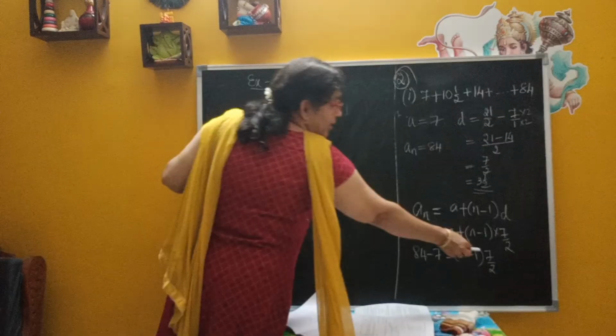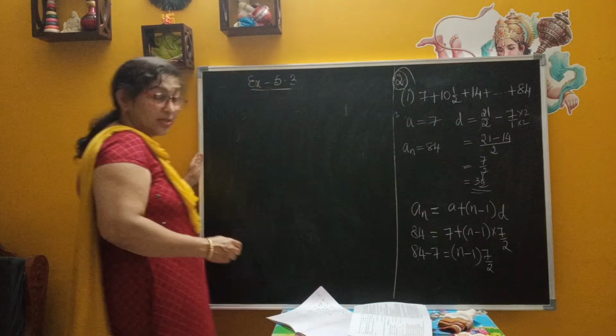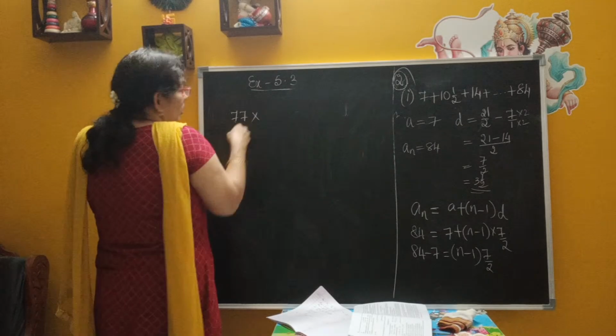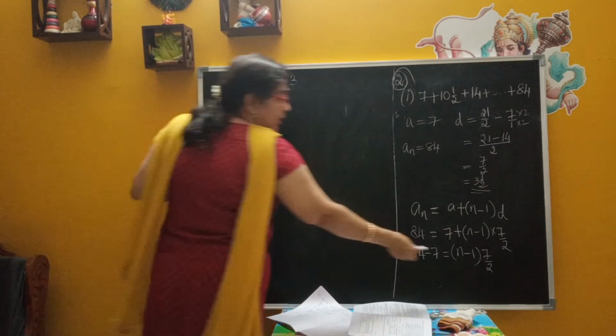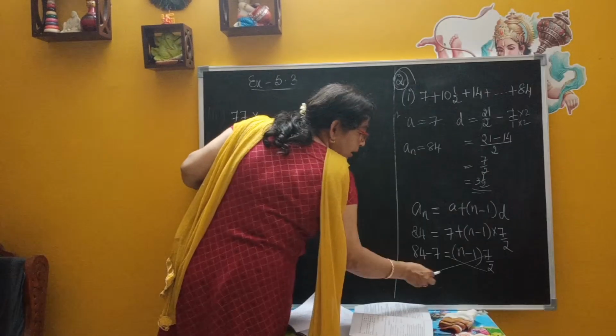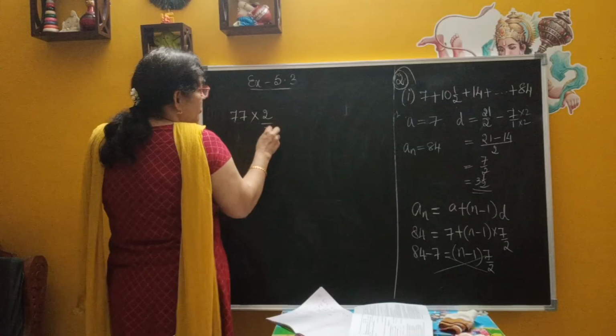When you transpose 7 by 2 to LHS, now we need to multiply by 2 by 7, isn't it? 84 by 7 how much? 77. Into 7 by 2, that means cross multiplication. 2 should be multiplied and 7 comes here when you transpose, isn't it? So it is 2 by 7.